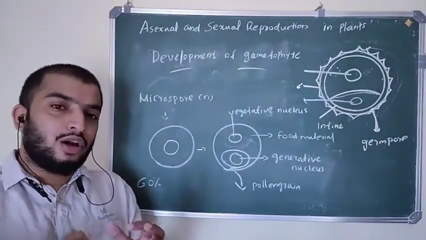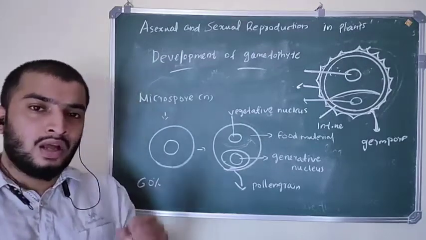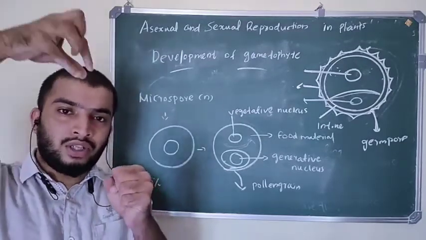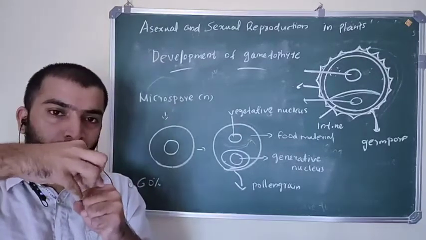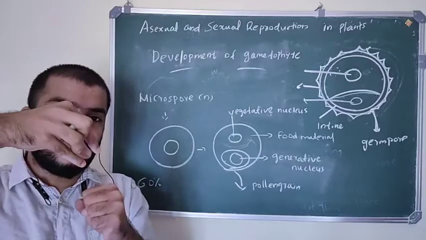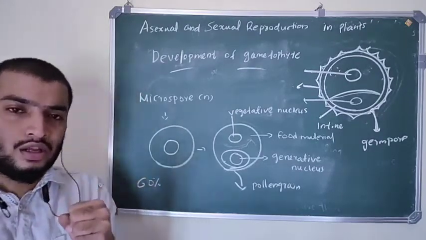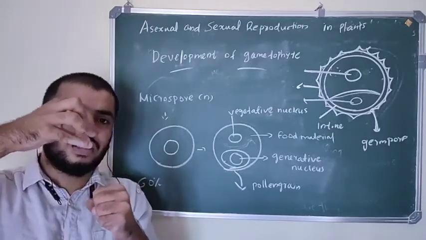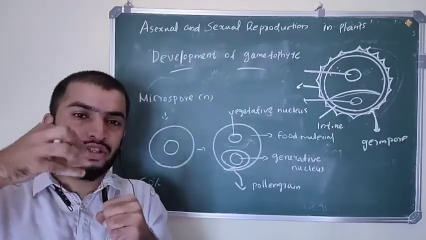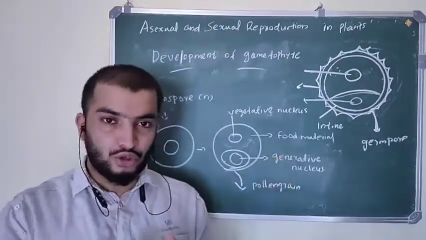So when these pollen grains are liberated from the anther to the stigma, if they land on the right stigma, they try to germinate. If they land on the wrong stigma, they are rejected. Pollen grains that land on the right stigma take up moisture, swell up and form a pollen tube.